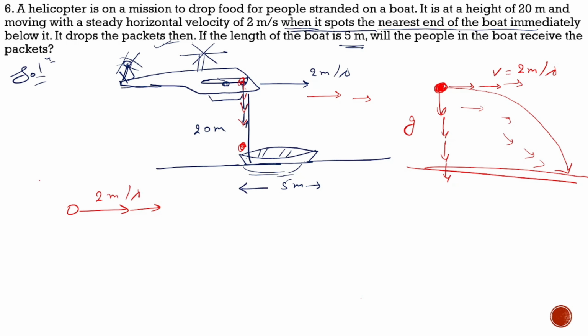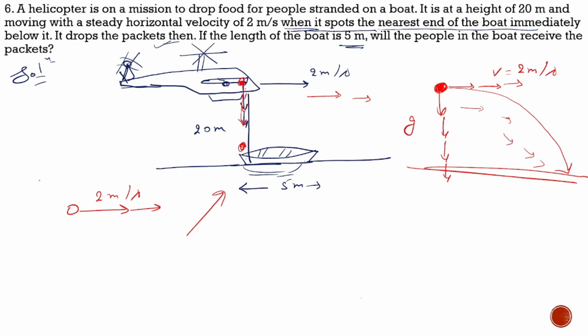We have our boat here. When the food was dropped, it will not go directly downwards, because the helicopter was moving, so due to inertia the food packet will go like this in a parabolic path. This is your parabolic path.